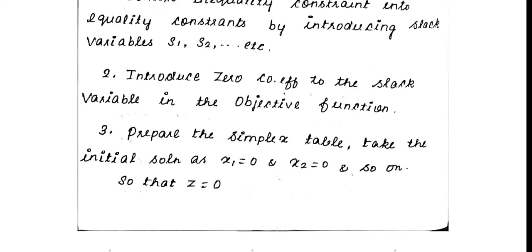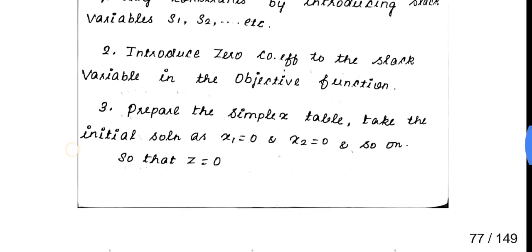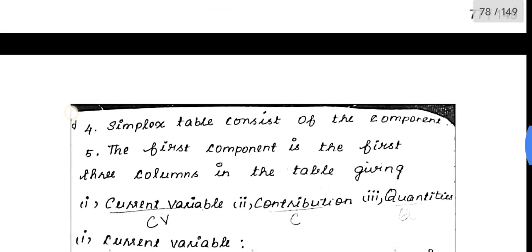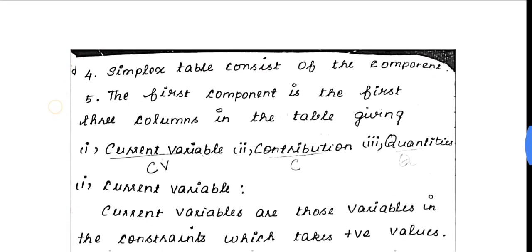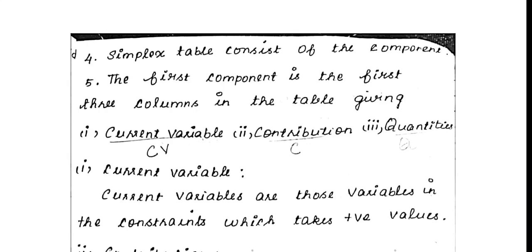The simplex table consists of components. The first component is the first column of the table giving the current variable, contribution and quantity.